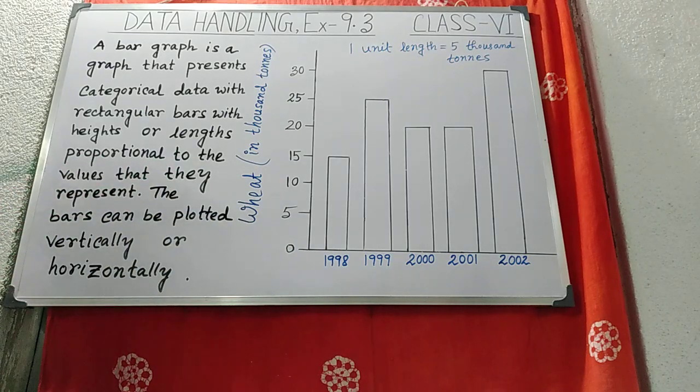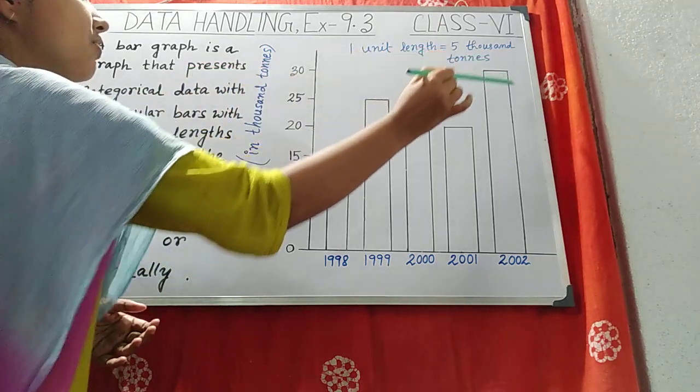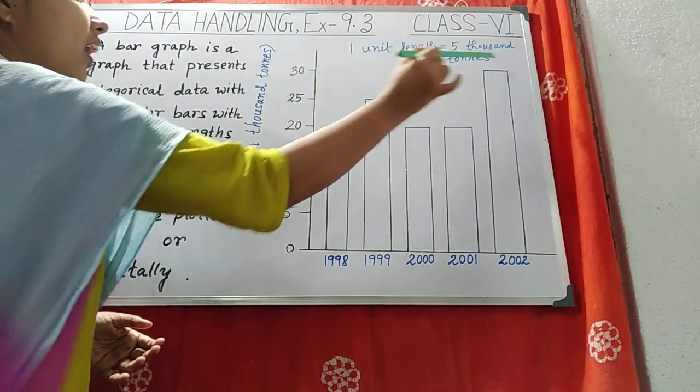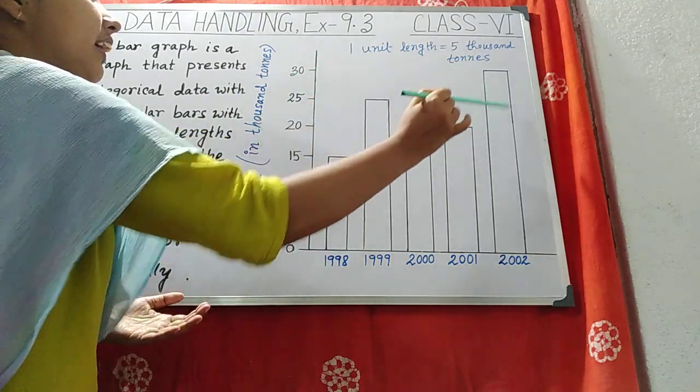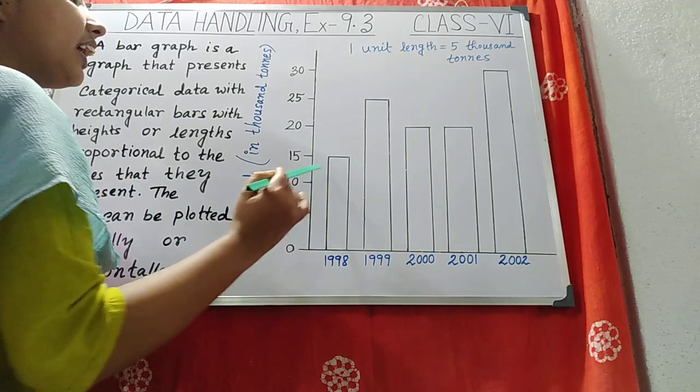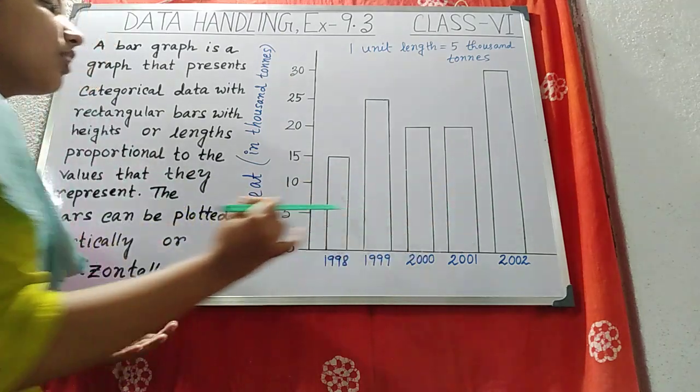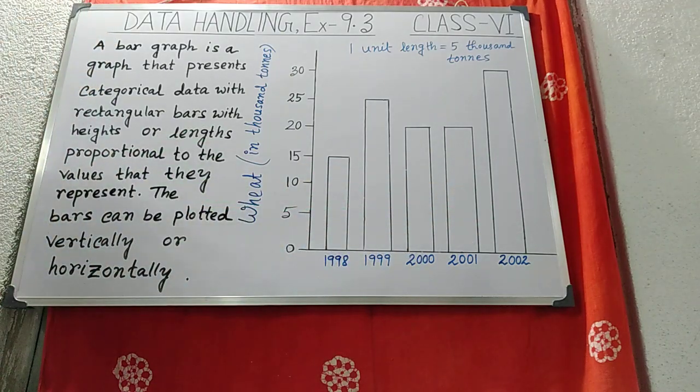Similarly, we can also get horizontal bar graphs. That time we will get bar graphs in this way. This one is a rectangular bar, similarly this one. In this way we can draw horizontal bars also.